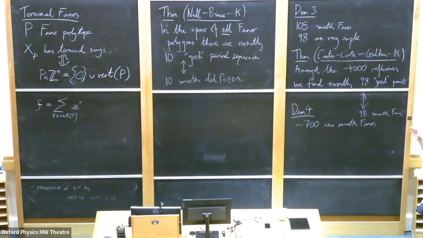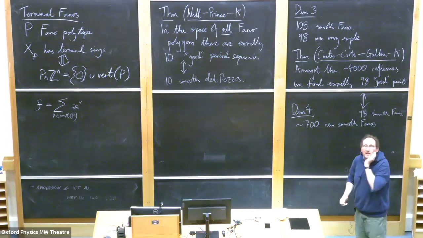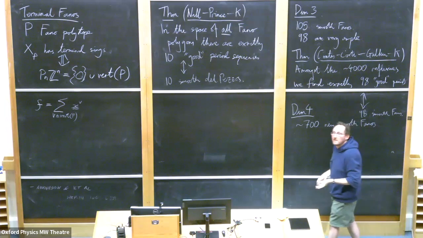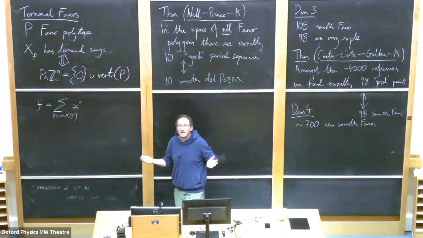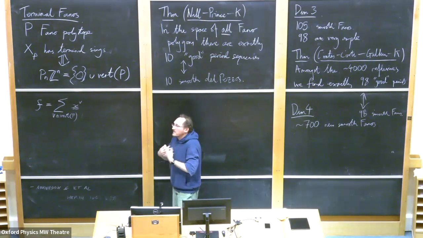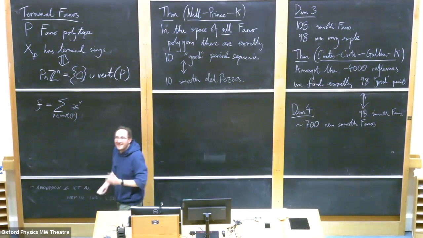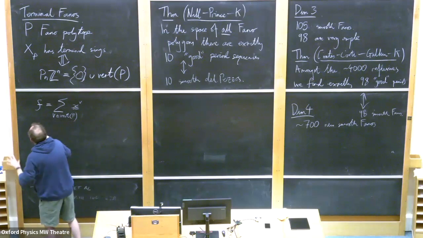As soon as you accept this, you realize that actually, all the way through yesterday and today, I've been only talking about smooth Fanos. But as soon as you accept this, you realize smoothness has got nothing to do with anything. It's just a sort of historical obsession, okay? In fact, this means that we shouldn't be worried about smooth.